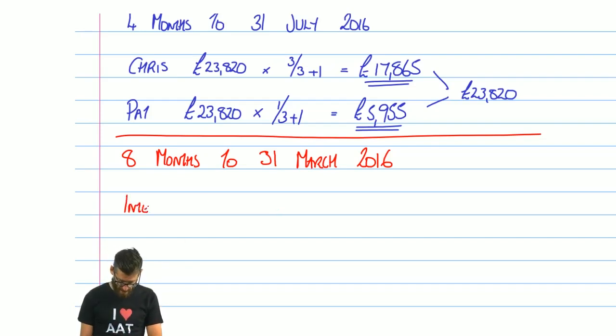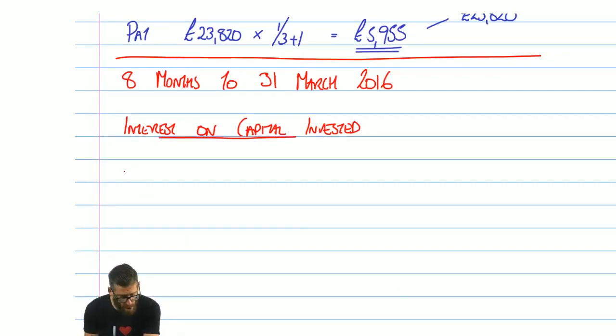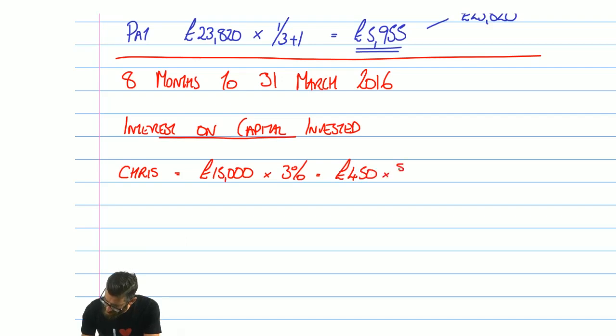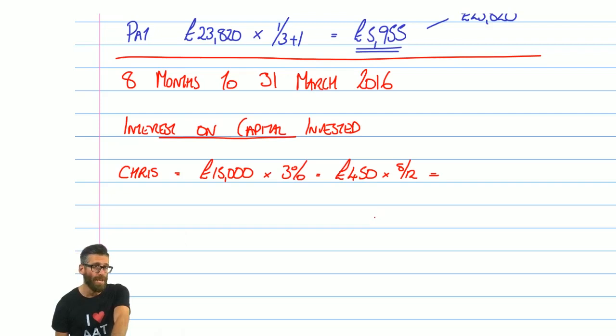Now the interest on capital invested has to be prorated. Chris, the dominant partner, so it appears, invested 15,000 and he's going to receive 3%, which would give us £450, but that is prorated to recognise that the investment took place on the 1st of August, and so only 8 months worth of interest will be received.